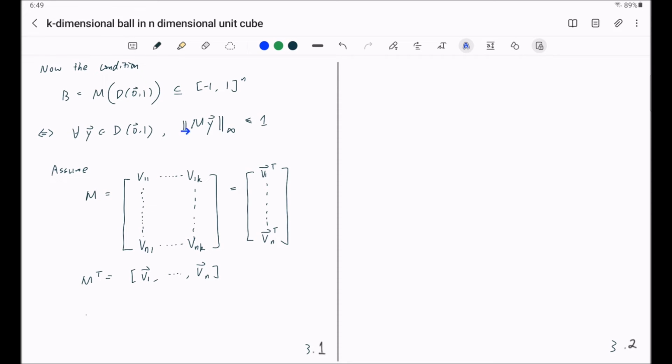Now if you look at this statement, it will be equivalent to saying that for any i, whenever the 2 norm of y is less than or equal to 1, this part corresponds to this part.